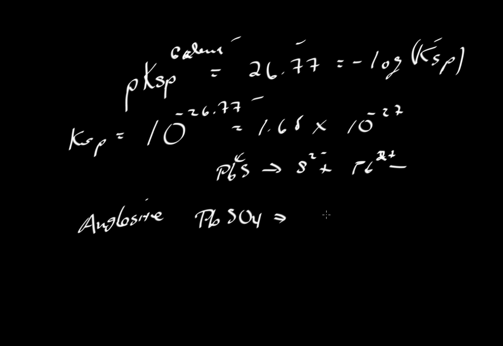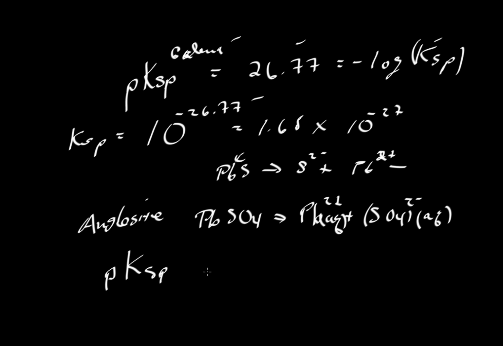Well, anglesite would dissolve into lead ion and sulfate ion in solution. So we would have lead in aqueous solution and then sulfate in aqueous solution. And the KSP for this, well, we don't get the KSP directly from the tables. We'll get the PKSP. It's listed as 7.79.